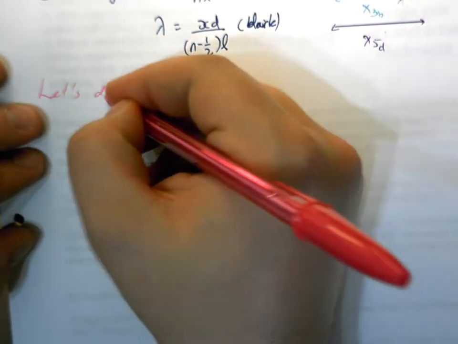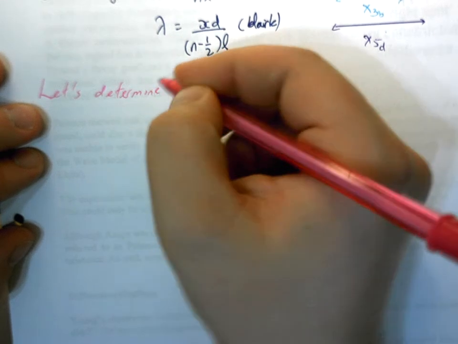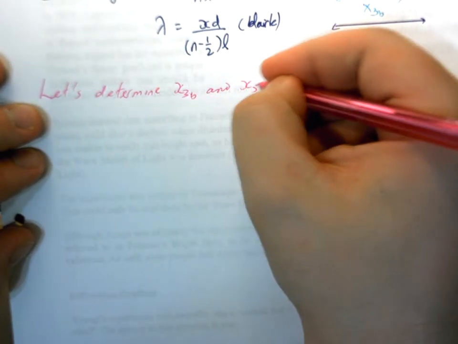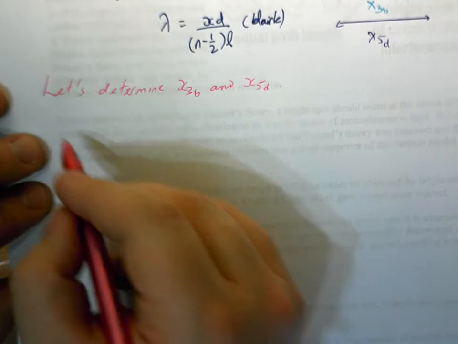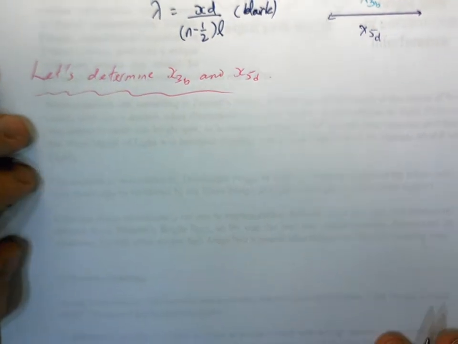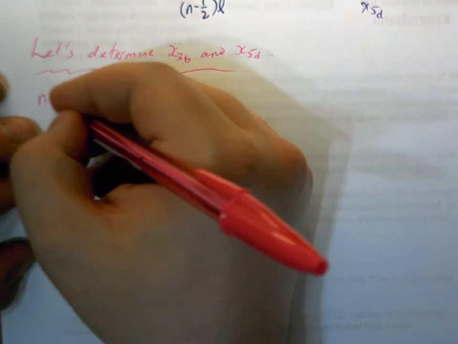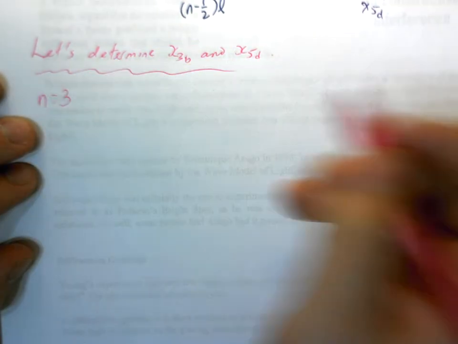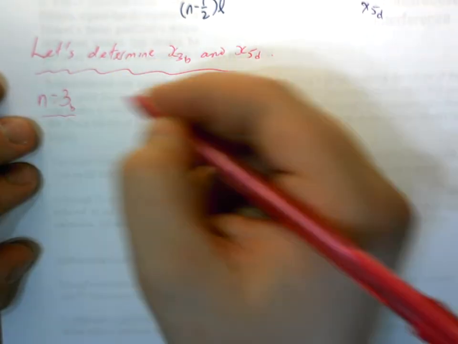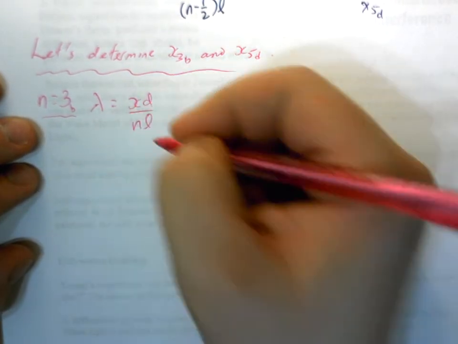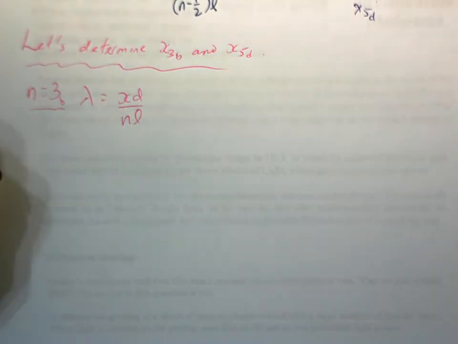So we're going to determine x3 bright and x5 dark. Don't mind my notation too much. All right, so for the third one, for n equals 3, and like I said, I'll put a little b for bright. So we have lambda equals xd over nl. What we would like is to solve for x.